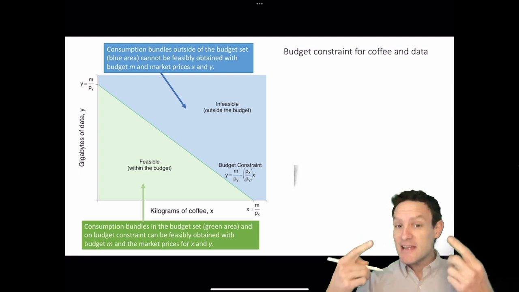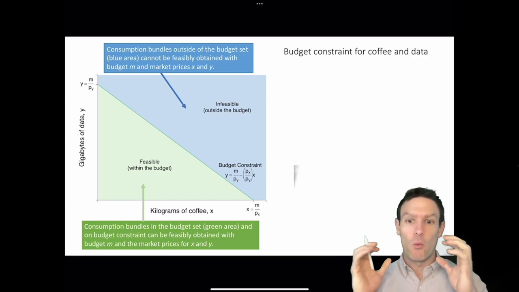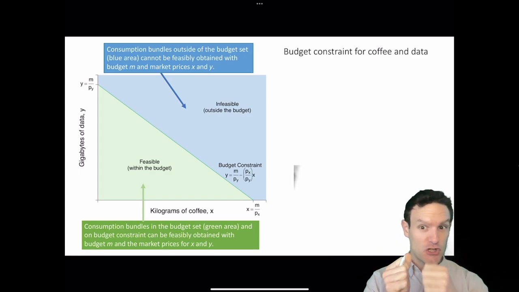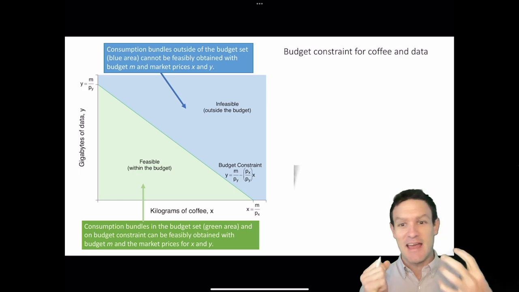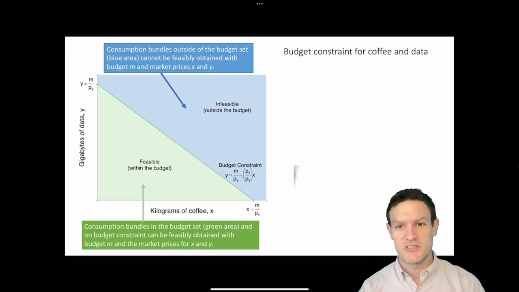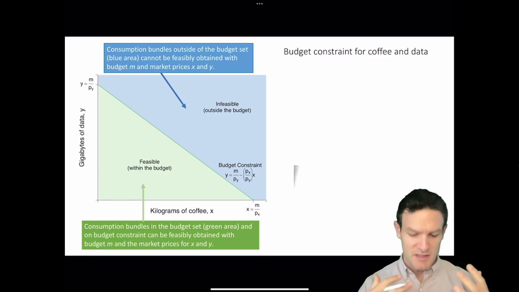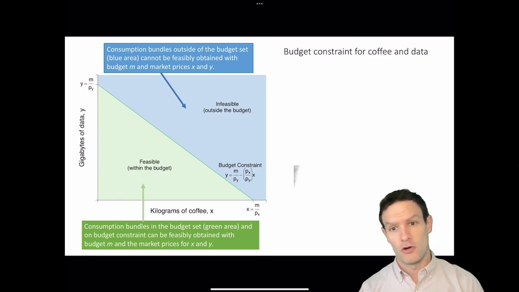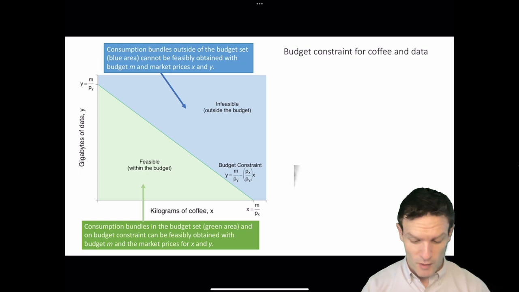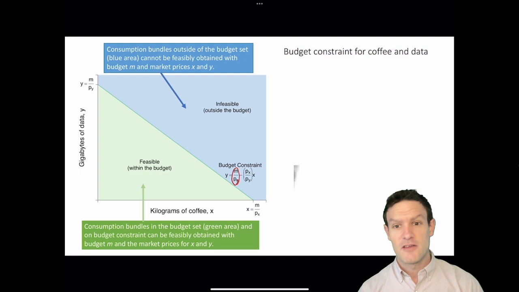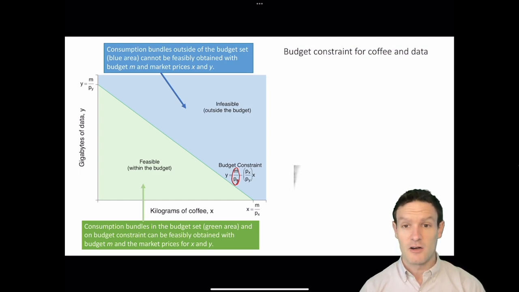If we rearrange that and make Y a function of X, then M is a parameter which says how much money she has, and Y is equal to her amount of money divided by the price of Y. That's this first term here, and then we subtract from that the price ratio Px divided by Py multiplied by X. That is our budget constraint equation, just slightly rearranged.